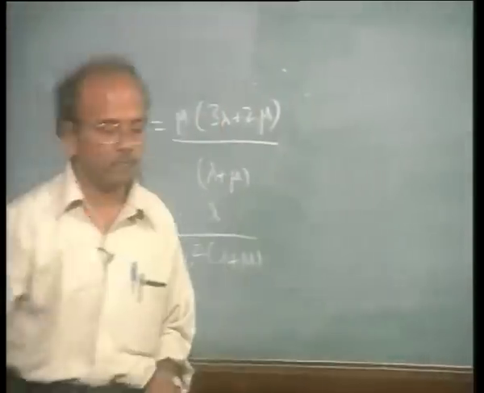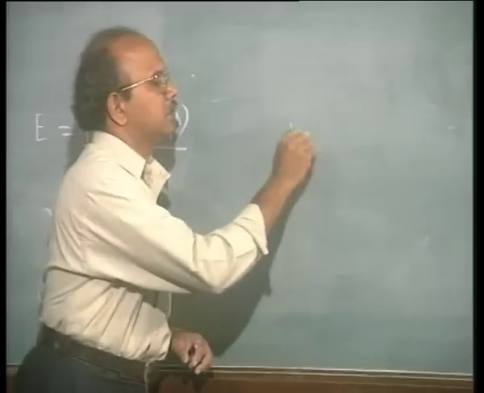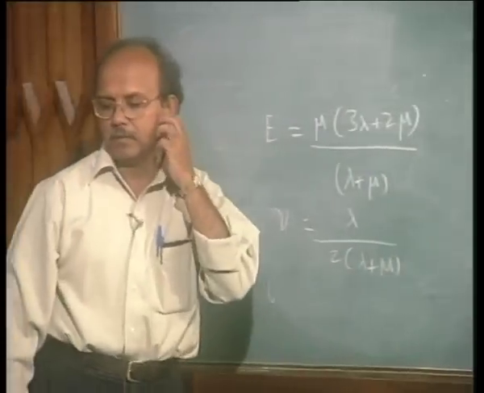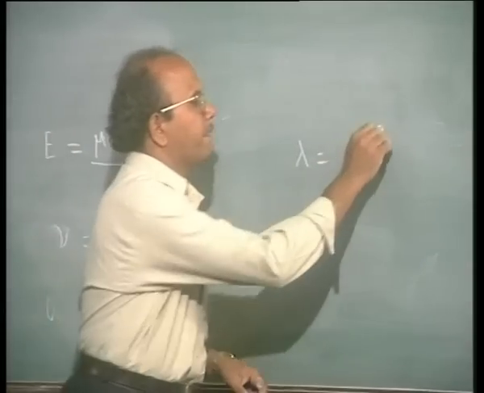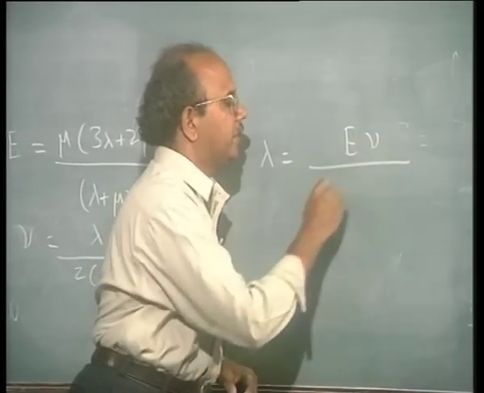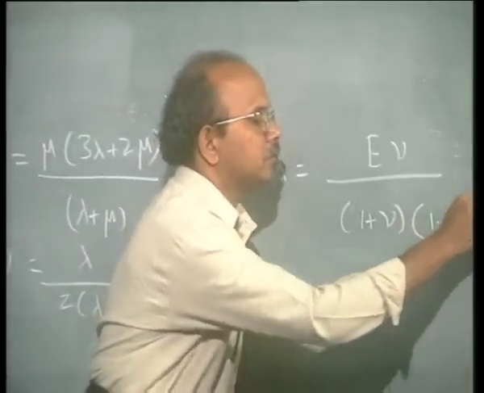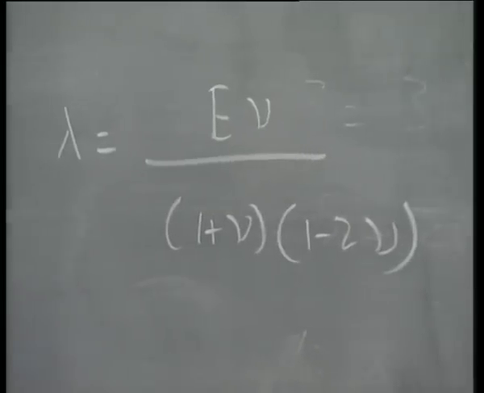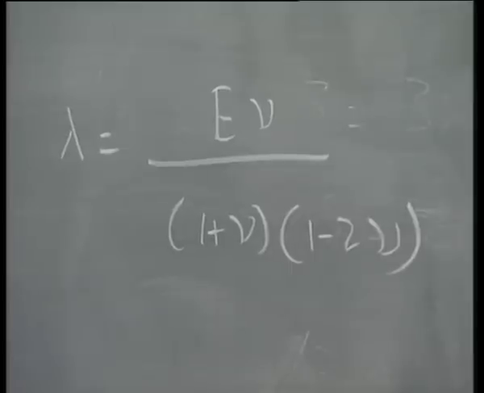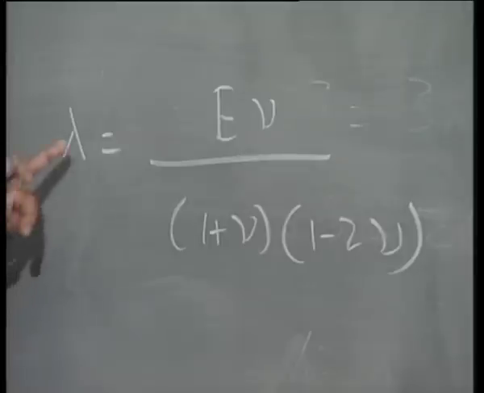Okay, and hence I will write down lambda in terms of nu and E. Lambda is equal to E nu divided by 1 plus nu into 1 minus 2 nu. This is very important.